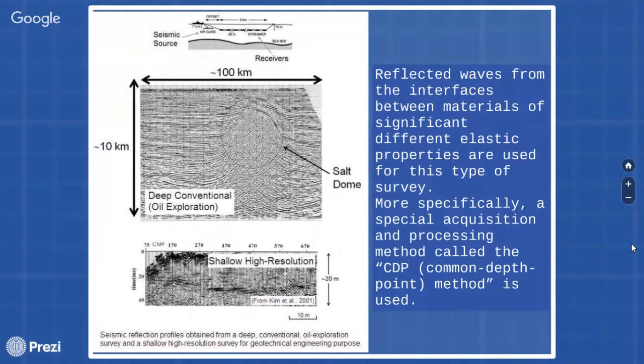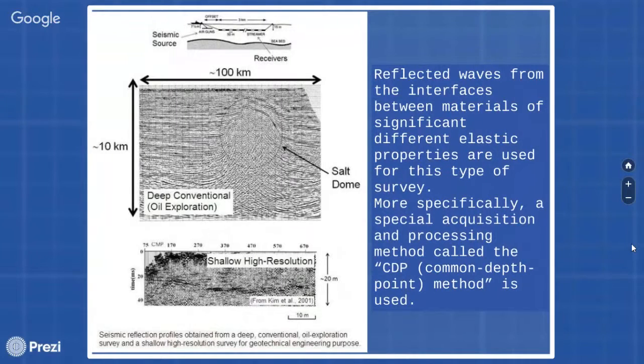More specifically, a special acquisition and processing method called the CDP, Common Depth Point method, is used, and the final product from the survey is a section that depicts a cross-sectional image of the subsurface below the surveyed line. This method was invented and has been used traditionally in exploration for natural resources.